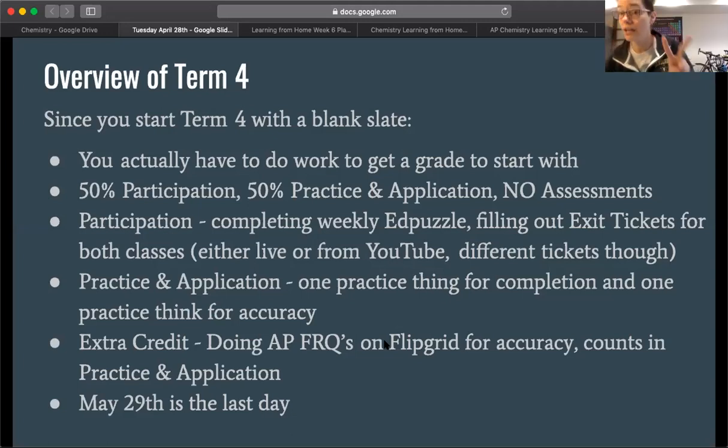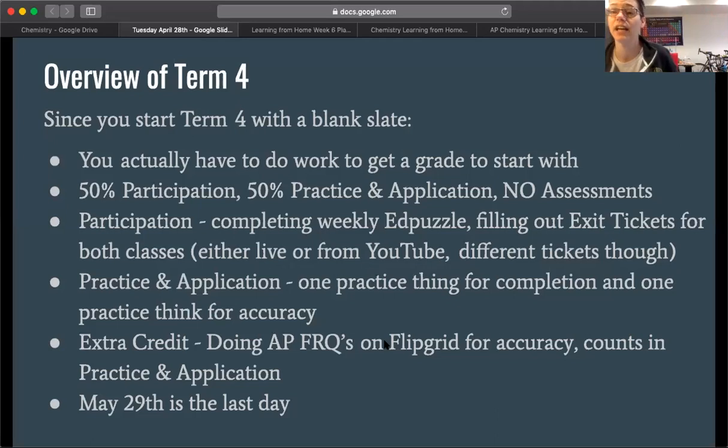Well, it's not quite. There are 2 grade categories: participation, and practice and application. We can only have 1 grade in each of those things each week. In addition, there is extra credit, but the extra credit is part of practice and application.